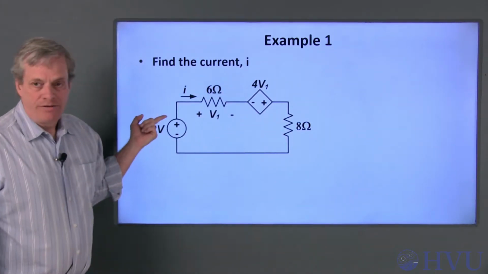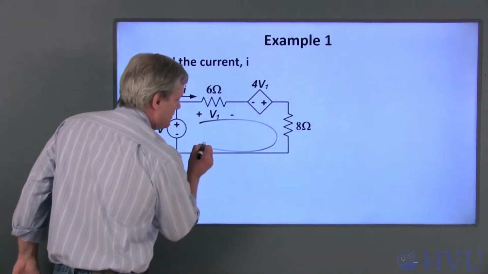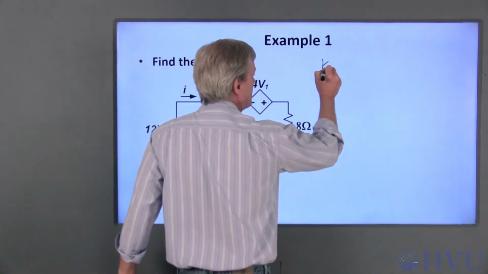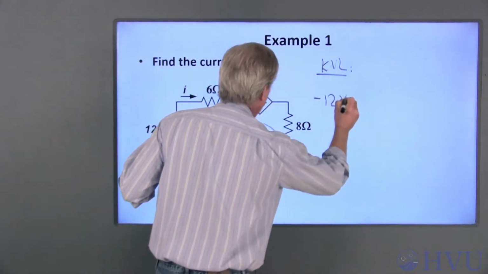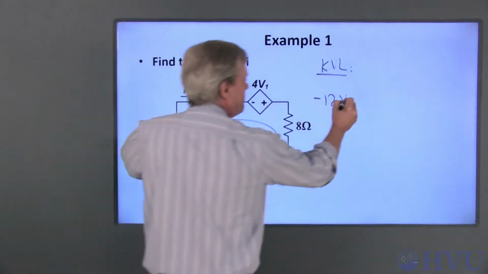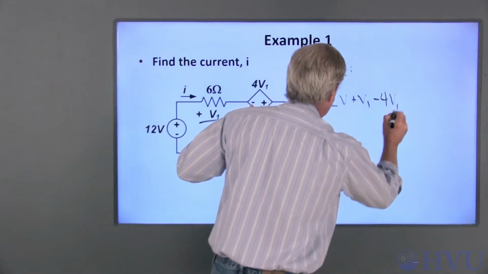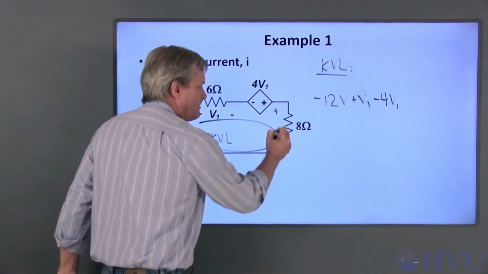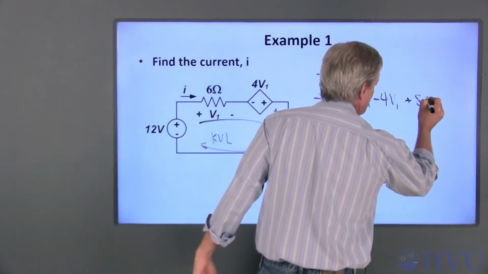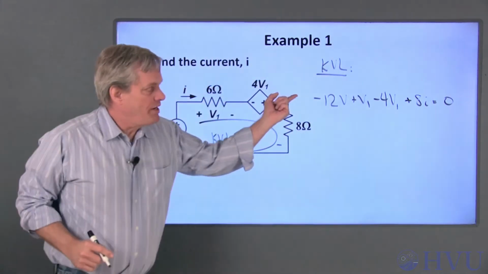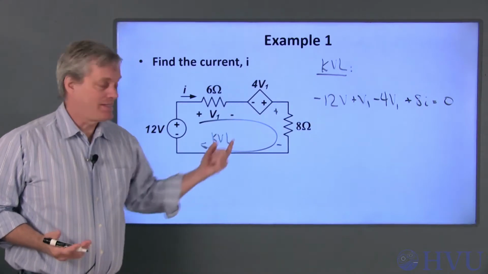All of these elements are in series, so they all share the same current I. If I do KVL around this loop, negative 12 volts plus this voltage, V1, minus 4V1, plus this voltage, which is going to be just 8 times I, is equal to 0. That's one equation with two unknowns. I need another equation which is given to me by the source itself.